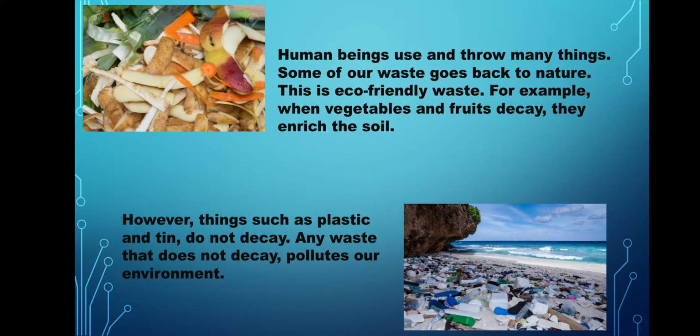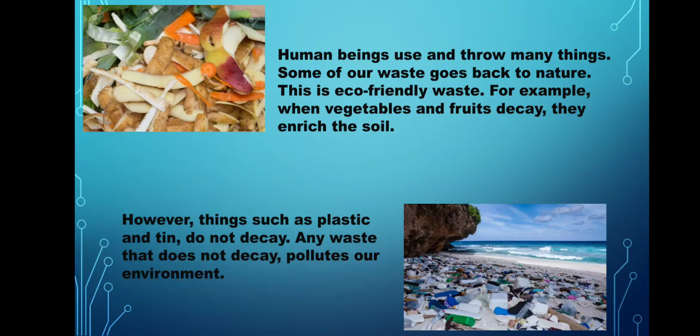For example, when vegetables and fruits decay, they enrich the soil. Now students, we have a very bad habit, we can say. We are having our chocolate, we open the wrapper and we throw the wrapper there. Now this is known as polluting the environment. The wrapper is made up of plastic and it does not decay, it causes pollution.